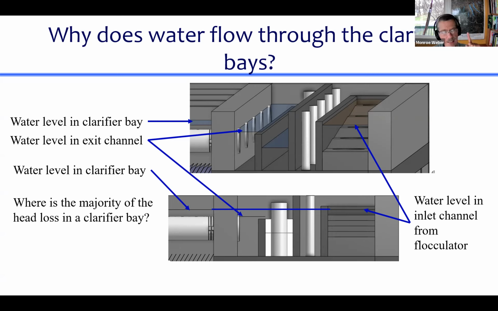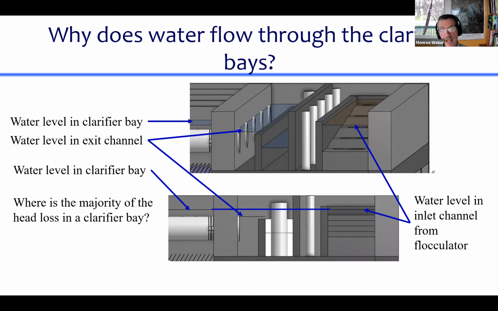That means that there's almost no head loss, almost no pressure drop, or almost no energy loss between the inlet channel and getting into the top of the clarifier bay. And that's true. And there's a good reason why that's true.